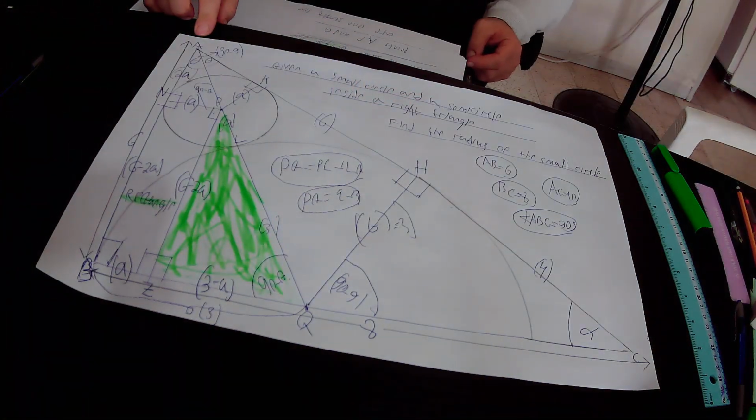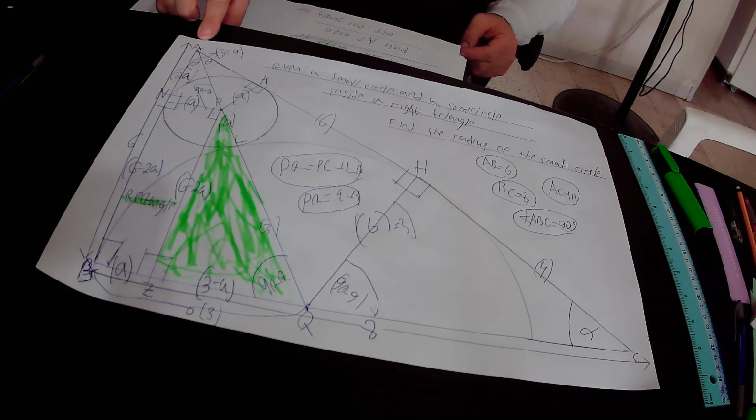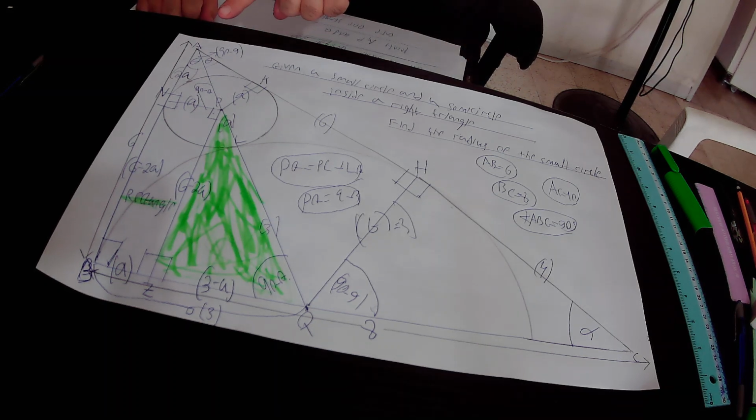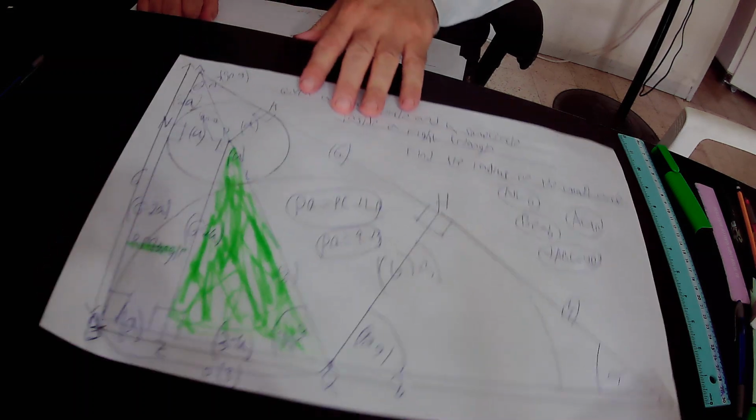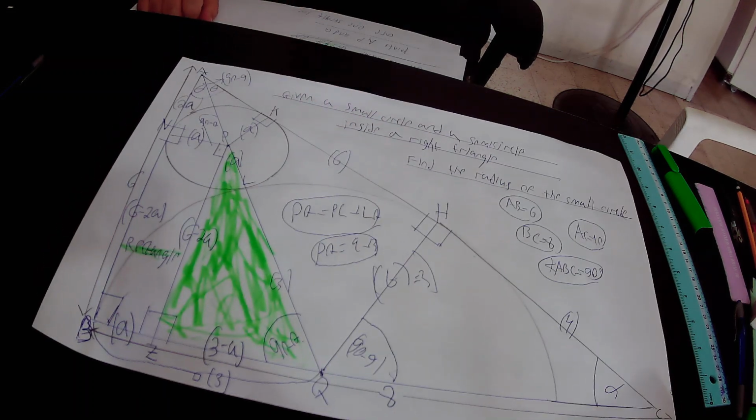Why? Because in our drawing, if we focus on this common external point, point A, from this point A we have two tangents towards this small circle, tangent AN and tangent AK.